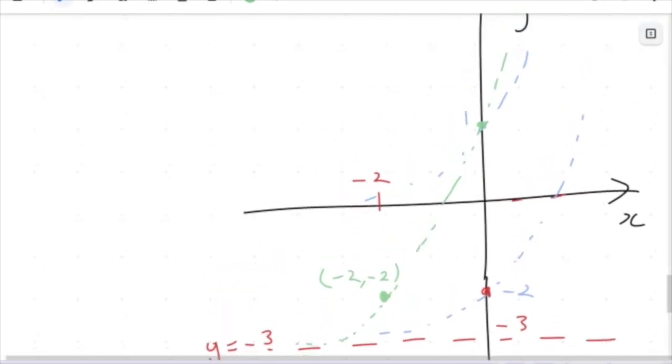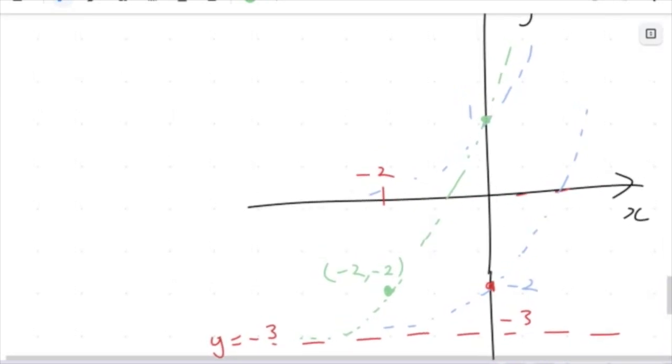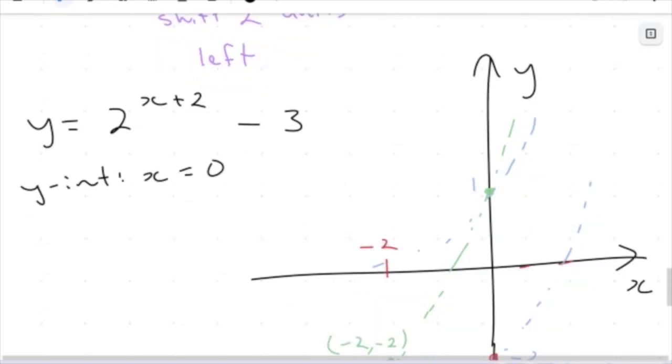And I just want to find my y-intercept as well, just to be sure that what I've drawn here kind of looks roughly feasible. So y equals 2 to the power of x plus 2 minus 3. That's my equation. So my y-intercept I will get when x equals 0.